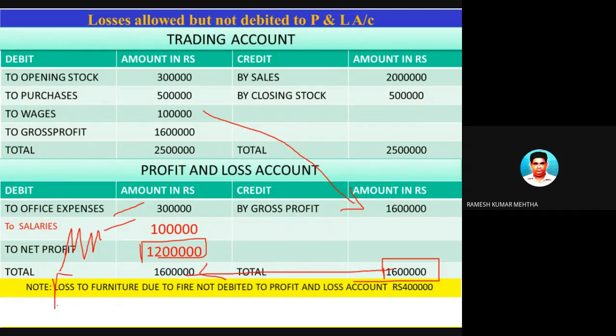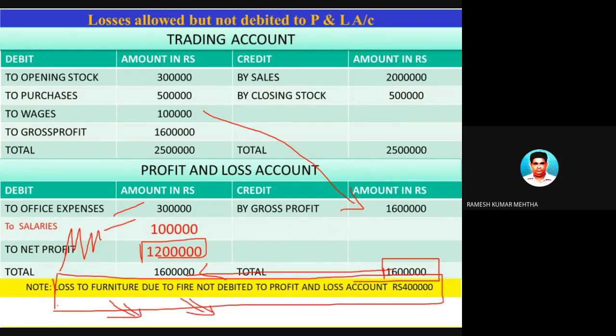But in this case, it is given in a note that a loss has not been taken into account. And what is the loss? The loss to the furniture due to fire, not debited to the profit and loss account, and the amount is 4 lakh rupees.